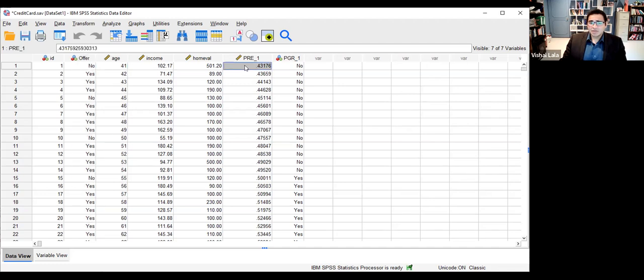For the first person, we have a predicted probability of 0.43176 of accepting the credit card offer. Now, second one, 0.43659, 0.44143, and so on and so forth. Now, we need to have some mechanism for translating these probabilities into a binary outcome.